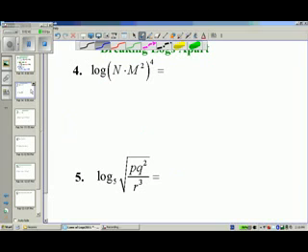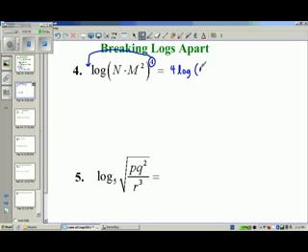All right, moving on here. Let's just look at a couple of examples of how we're going to use these rules. Here, my goal is I want to break this apart and separate it into as many logs as possible. So looking at the big picture here, I have a number raised to a power. So I'm going to use rule number 3, and I'm going to bring this out in front first. So that's going to give me 4 log n times m squared.